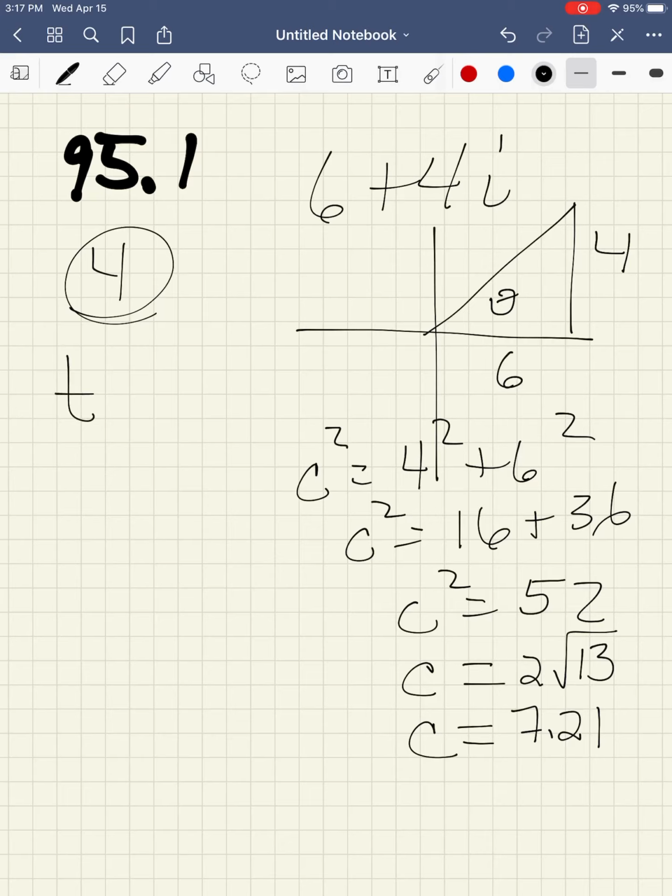And up here we'll say the tangent of theta is opposite over adjacent, or 4 over 6. So remember, in the calculator you put in second tangent 4 divided by 6.